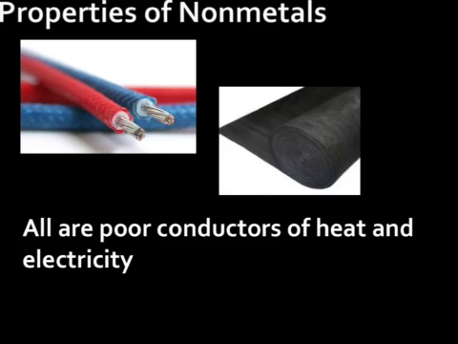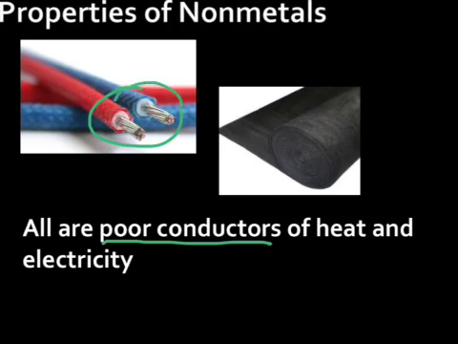A final property of nonmetals that I wanted to mention is that they are poor conductors of heat and electricity, so they're kind of opposite from metals. Metals are good conductors of both of those things, but nonmetals are poor conductors of them, and so they are often used as insulators in electrical wire. So they're the part that keeps the electricity from flowing.